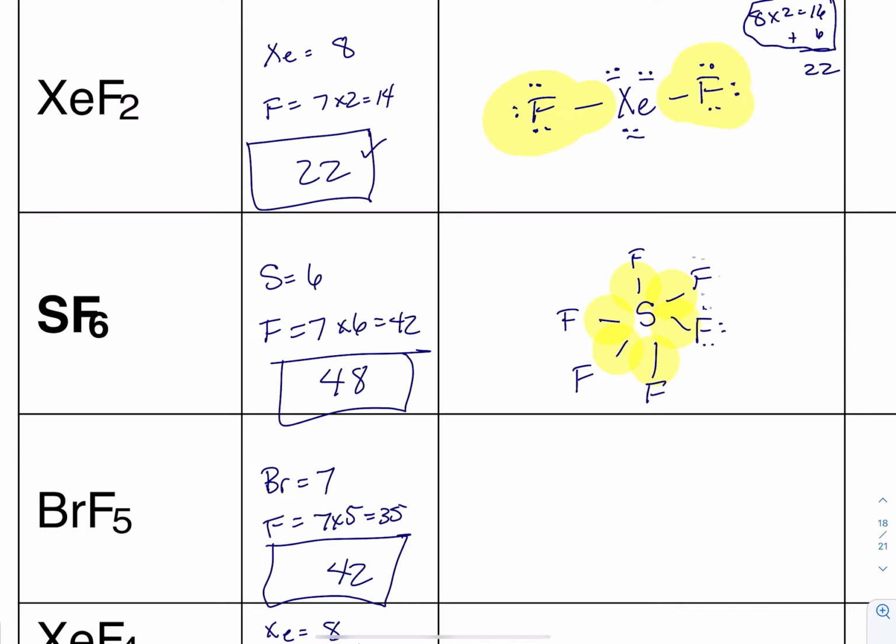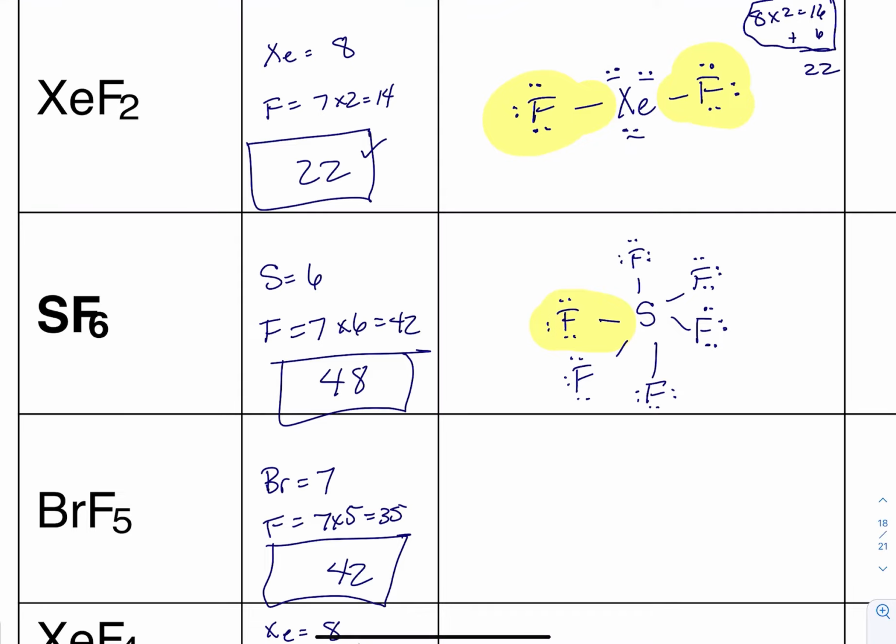So that's 36, 34, 32, 30, 28, 26, 24, 22, 20, 18, 16, 14, 12, 10, 8, 6, 4, 2, 0. So I didn't have to add any more to the sulfur. And again, like I was saying before, I can also do that final count check and see if they're the same.